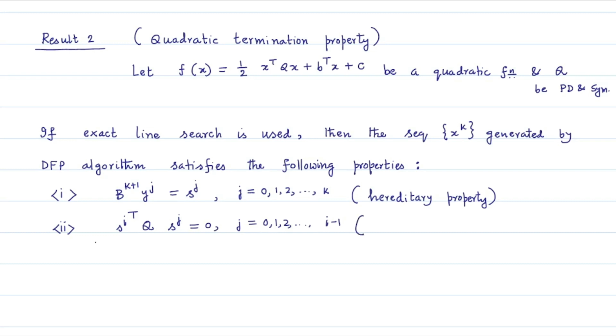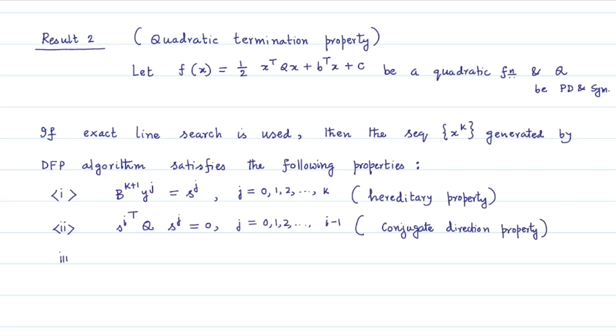This equation s_i transpose Q s_j equal to 0 is called the conjugate direction equation, as if this vector s_i is perpendicular to Q s_j, and hence this is called the conjugate direction property.